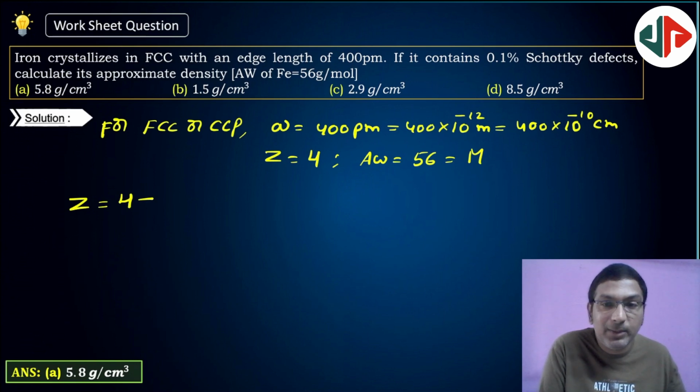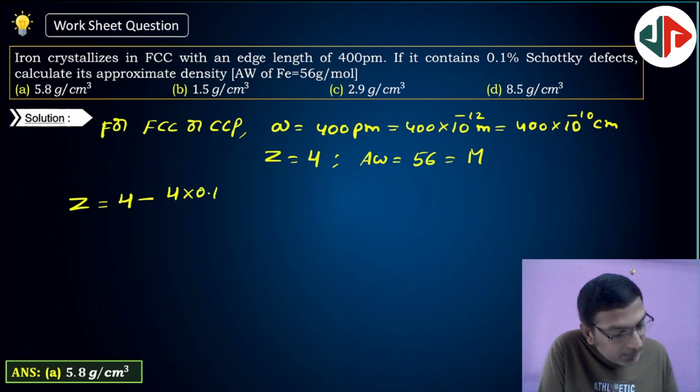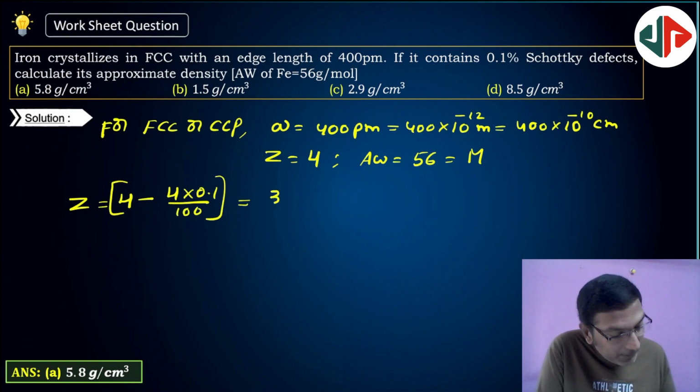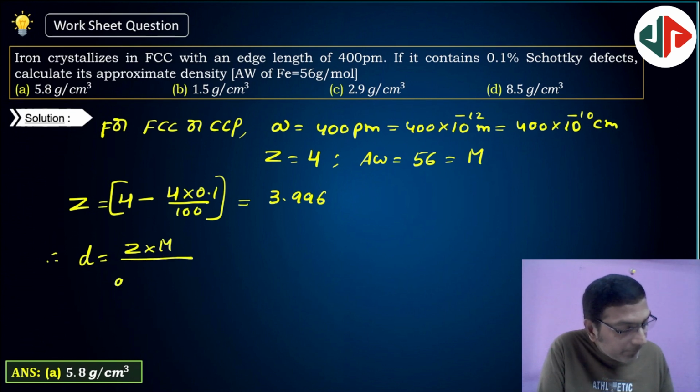That means effective number of atoms also decreases. 4 minus 4 into 0.1 by 100. So that is equal to 3.996. So therefore, density D equal to Z into M by A cube into Na.